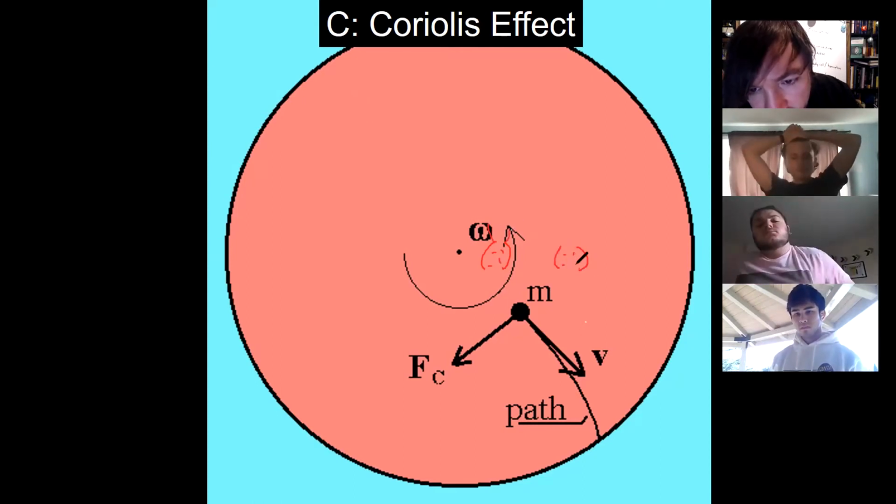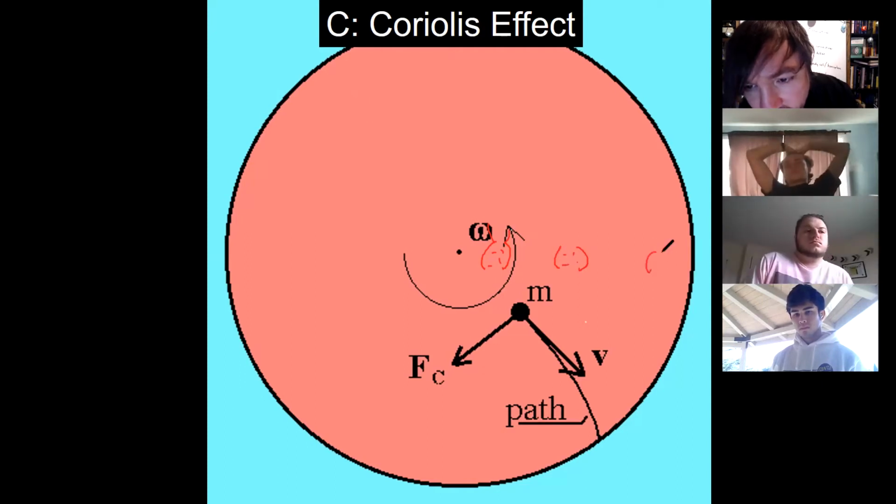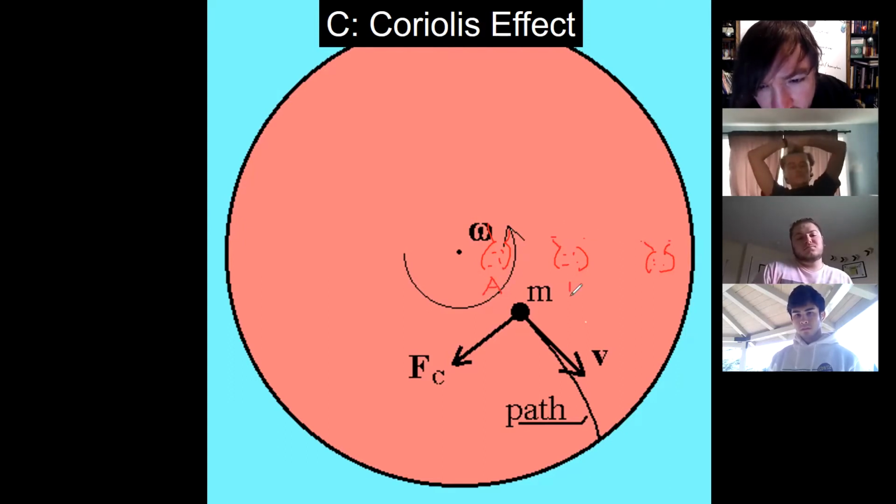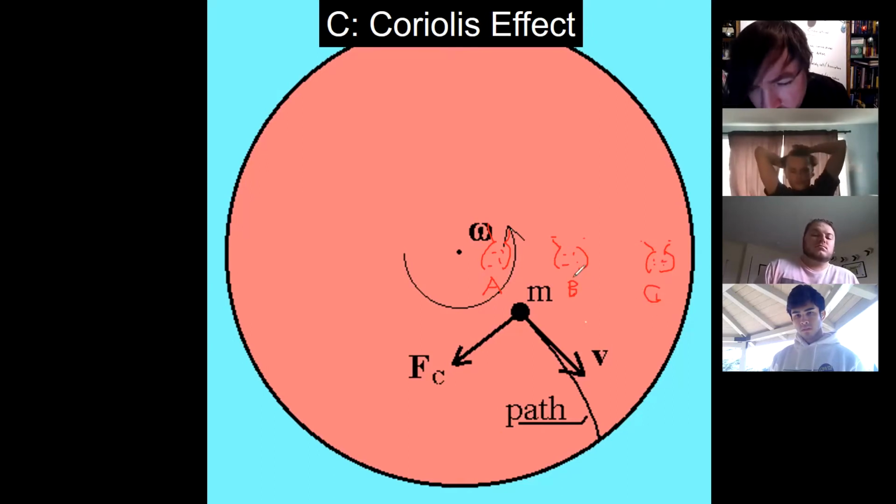And then there were ladybugs that rotated on the outside of the record. And I watched them go spinning around and around at 33 rotations per minute. Now, let's imagine that there are 3 ladybugs, and I'm going to give them some names here for a second. This is going to be ladybug A on the inside. This is going to be ladybug B in the middle, and this is ladybug C over here on the outside.